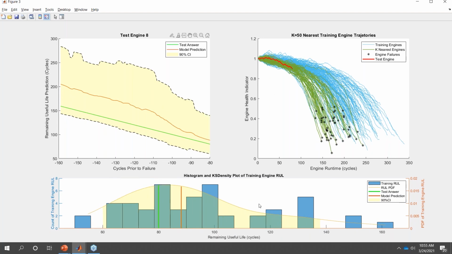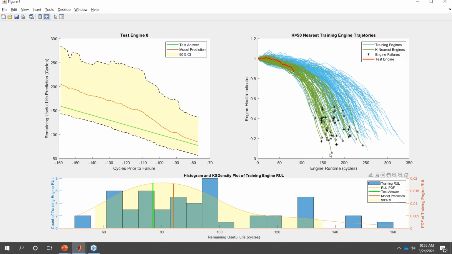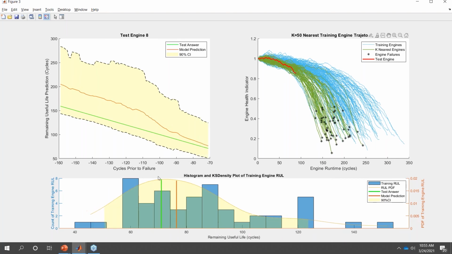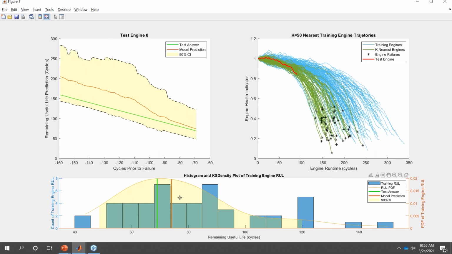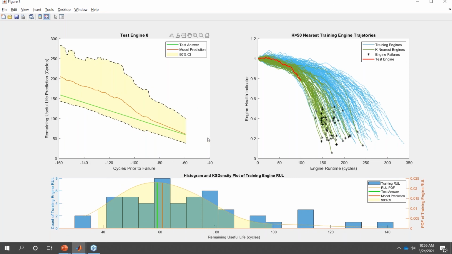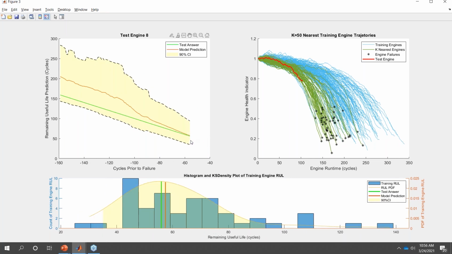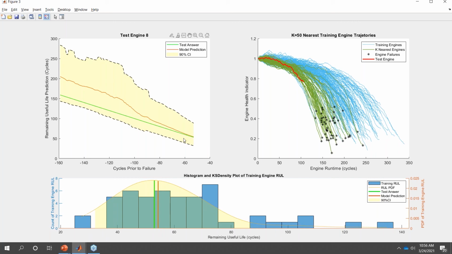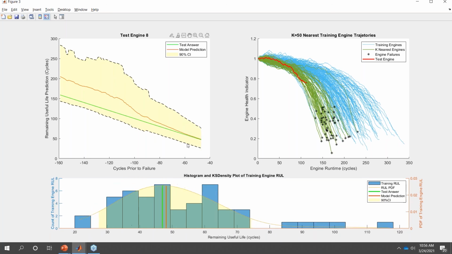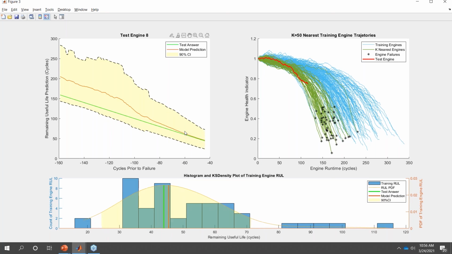The bottom one here is just the histogram of the 50 nearest time series and when they would fail, and then just a fit to make the actual estimation. And at this point, we can see that we're starting to converge. We're actually very close to the actual value. And we can see that it's around 60 cycles before failure that we have an accurate estimate, right?